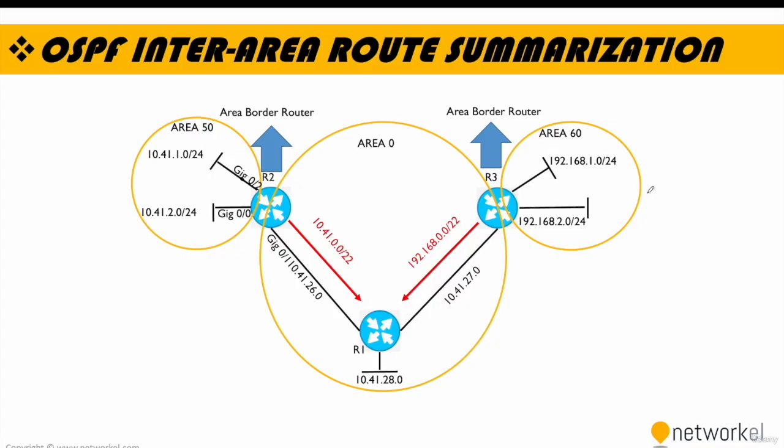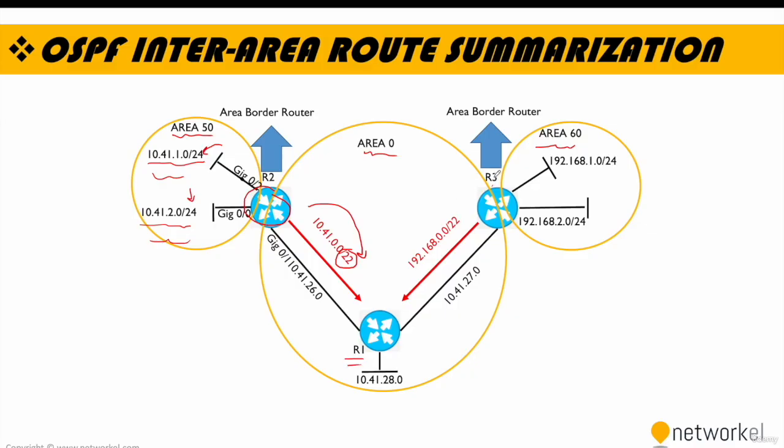Similar to the example in the previous slide, I have area 50, area 0, and area 60. My ABRs are router 2 and router 3. Router 2 is connected to area 50 and has the 1.0 and 2.0 networks with a subnet mask of /24. It can summarize these two networks as a single network with a subnet mask of /22 to router 1.